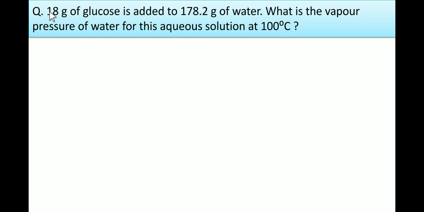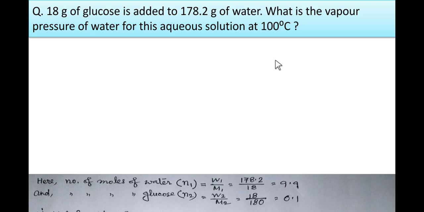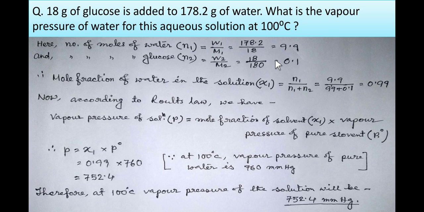Here the amount of non-volatile solute is given, and the amount of solvent is also given. We have to calculate the vapor pressure of the solution, that is P, and the temperature is given as 100 degrees C. Let us see how to solve this problem.